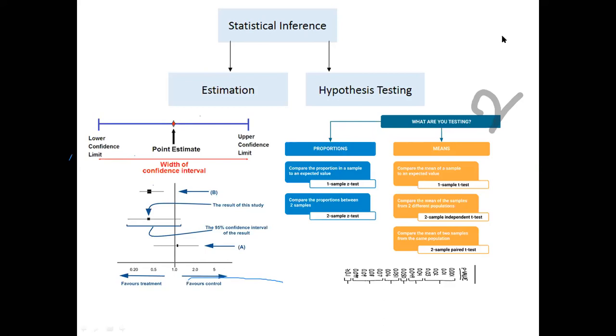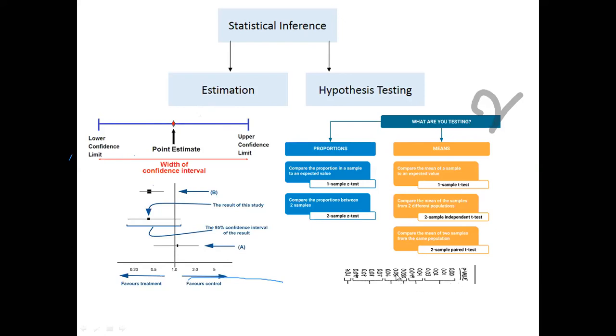So generally, what comes out of these hypothesis tests, like how in estimation we get confidence intervals, is that when you do a hypothesis test, the result is what's called a p-value. It stands for probability value, which ranges anywhere from 0 to 1. And we have a threshold of 0.05.